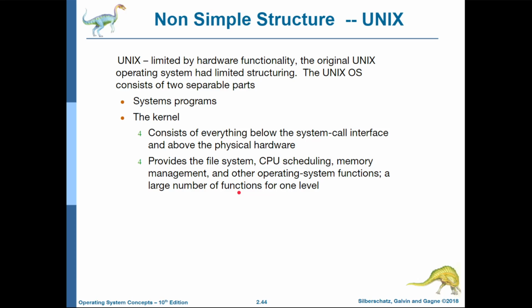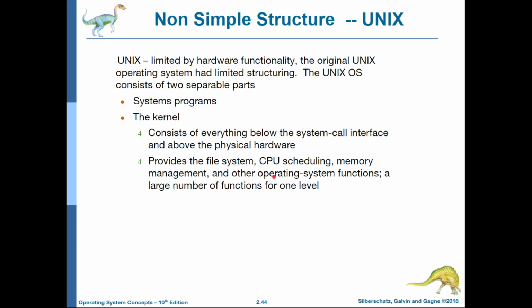So let's move into the world of the Unix operating system. The original Unix operating system had very limited structuring. Really, there were system programs and the kernel, and you still see that a lot. But the kernel consisted of everything below the system call interface, as we've talked about, and provided things such as file systems, CPU scheduling, memory management, and other operating system functions.